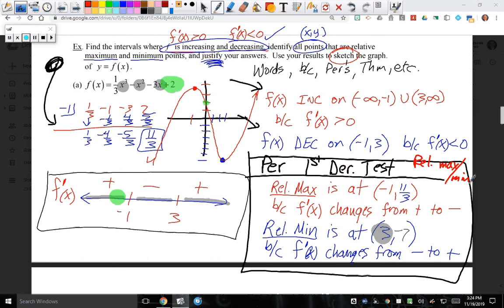Nothing else will you use. You just do it differently. Okay? Questions so far from this one? So you find the increasing and decreasing and justify all that, and then the first derivative test is just to find the relative minimums and maximums. Okay, ready? Here we go. Let's keep going.